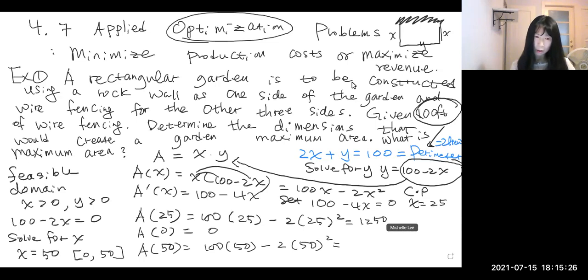What about A of 50? Zero. Do we get A of 25 as 1250? Yes. So this is the absolute maximum.